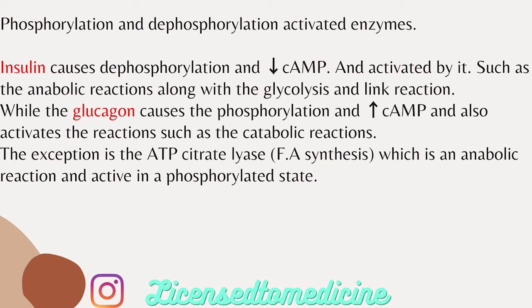So we can conclude that glucagon activates catabolic reactions by the mechanism of phosphorylation and increase in cyclic AMP level. So all the catabolic reactions will come into this category except for two reactions, that is glycolysis and the link reaction.